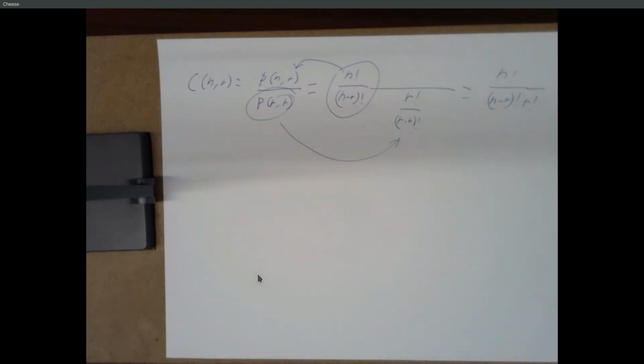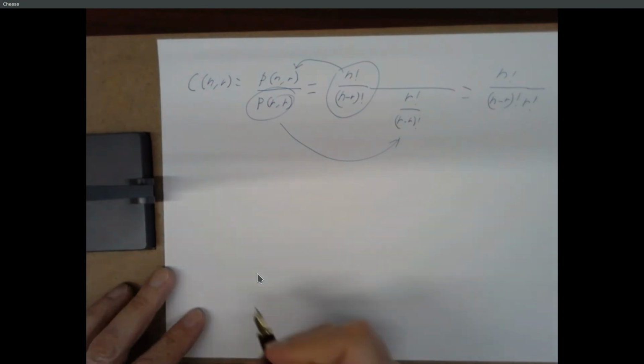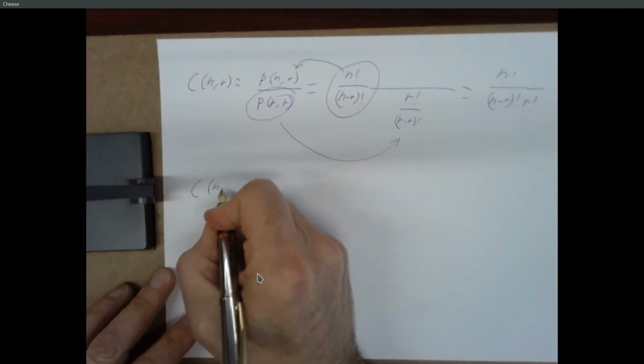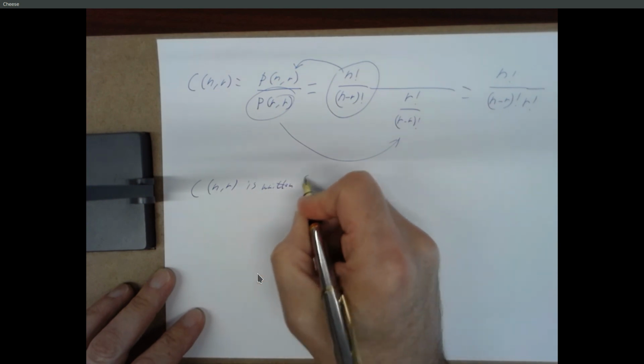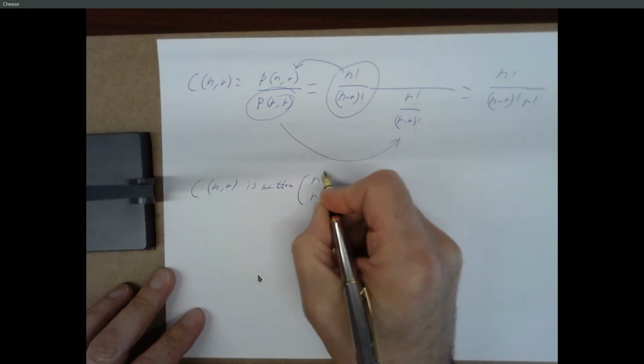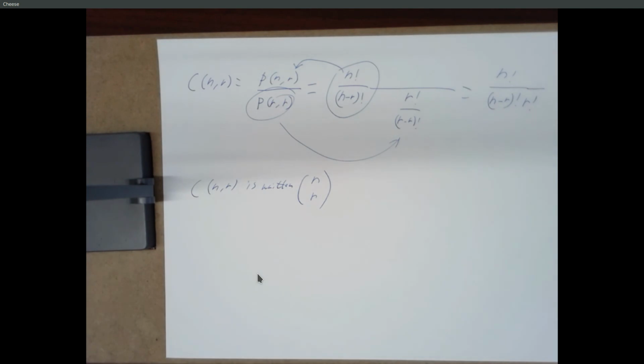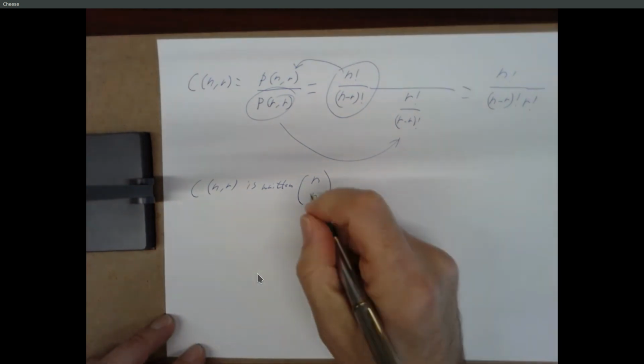And we have a different symbol we usually use for writing combinations. So C of n comma R is written as parentheses with an n on top and an R on the bottom. It's not n divided by R, it's a totally new symbol.